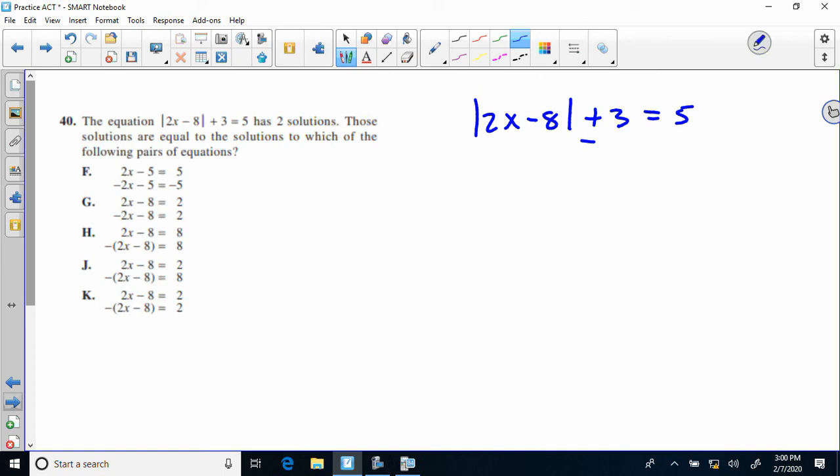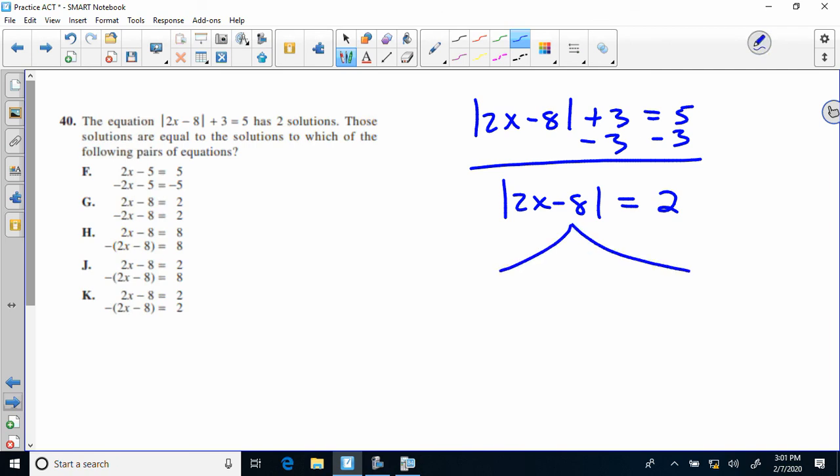So I subtract 3 from the other side, and that gives me |2x - 8| = 2, because absolute values are distance from 0 in the positive and negative direction. So I have to set it equal to positive and negative. I'm going to set up my 2 cases: 2x - 8 = 2, and 2x - 8 = -2, because I have to set it equal to the positive and negative of that side over there.